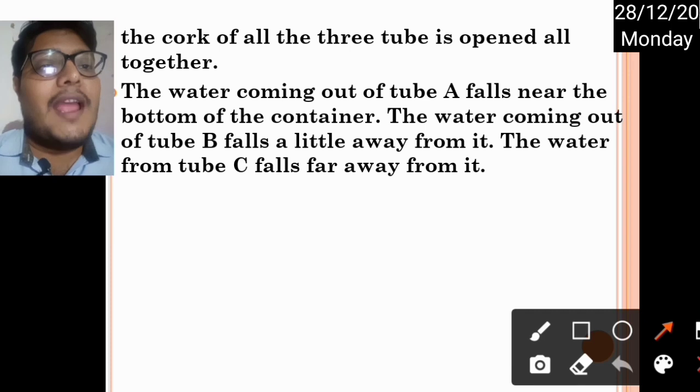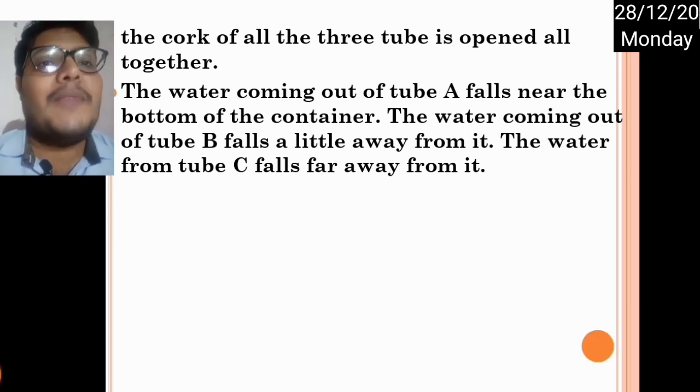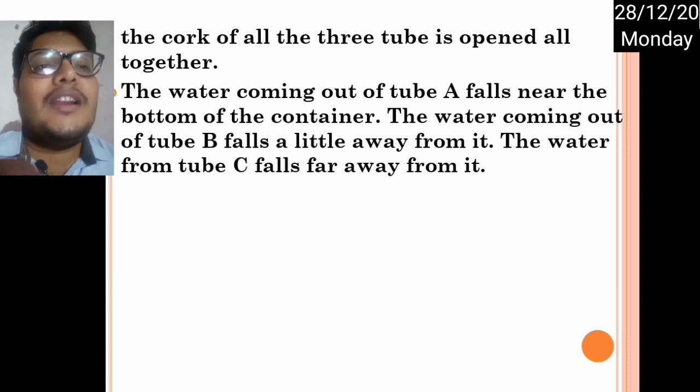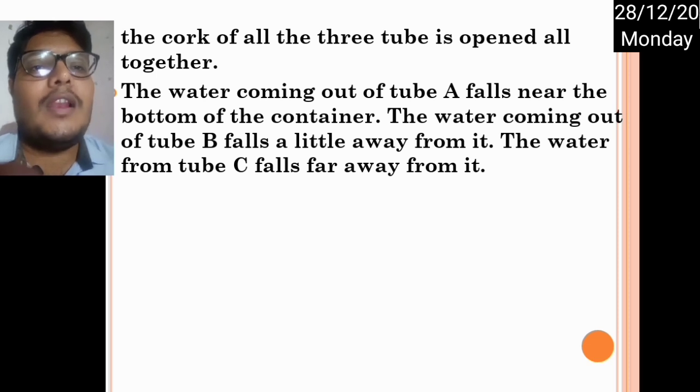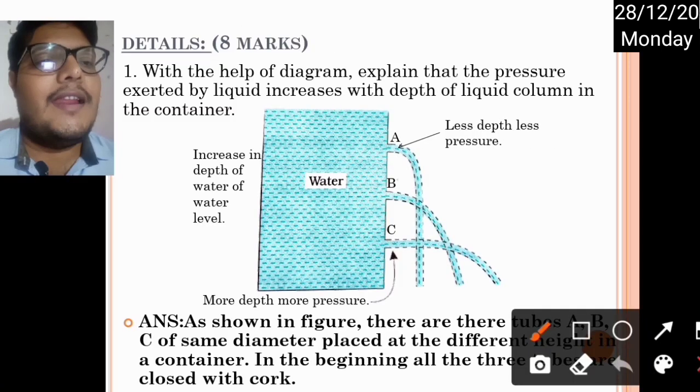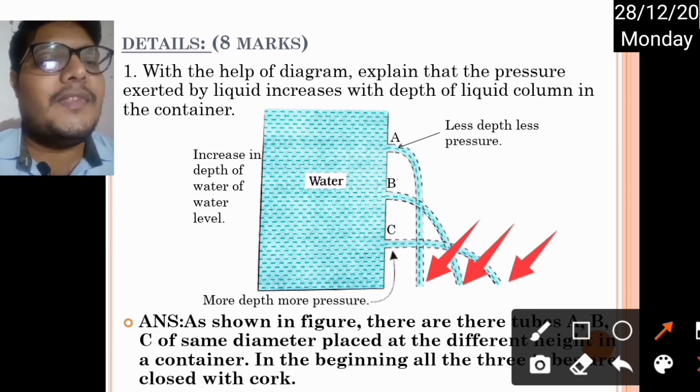And B will fall a little bit away from the bottom. The water that falls from tube C will fall a little bit more far away from it. Here you can see clearly in the figure that this is for A, this is for B and this is for C.